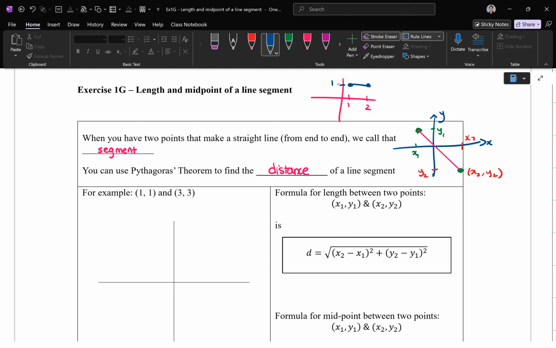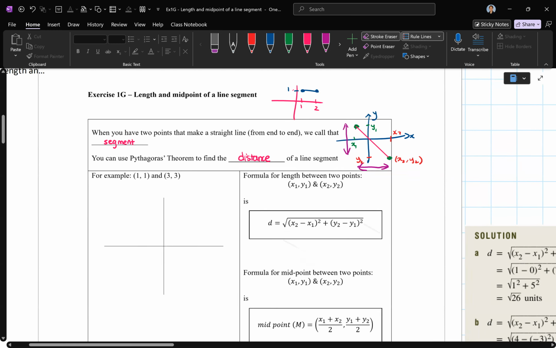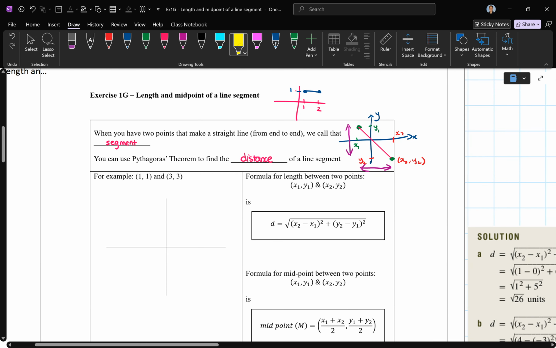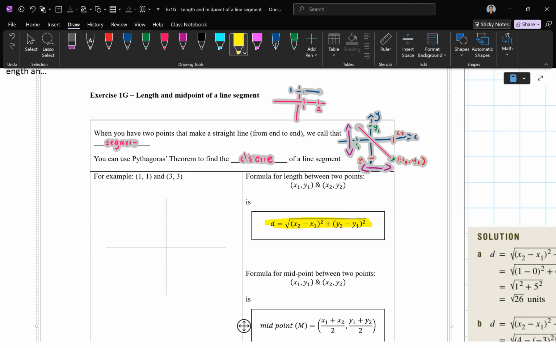Now, if you look at it in terms of the diagonal shape, anytime you have a diagonal shape, there is a vertical length and a horizontal length. This is where the theory comes from. So, to find the distance formula, which I already put in for you, that's your distance formula.